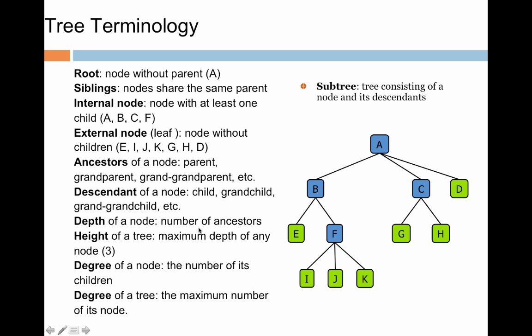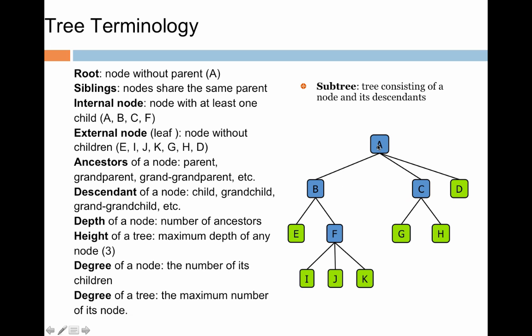The depth of a node, this is a numeric parameter associated with every node. It is the number of ancestors that the node has. The height of the whole tree is the maximum depth of any node. In this example, we will observe that, again, it's a numeric parameter. The height of the tree is 3.